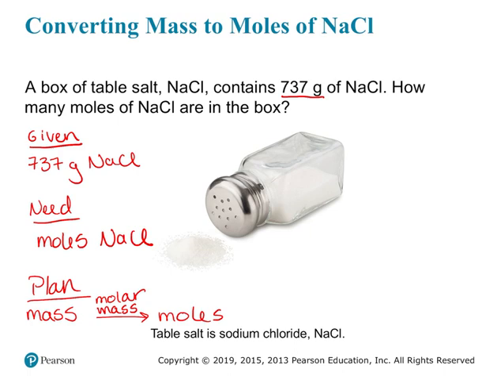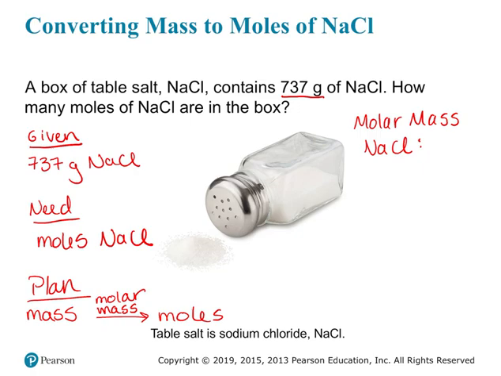Okay, so let's calculate the molar mass of sodium chloride. Now, we just have 1 sodium and 1 chlorine, so I'm going to skip the mole part of our calculation. I'm just going to add together the 2 molar masses from the periodic table.